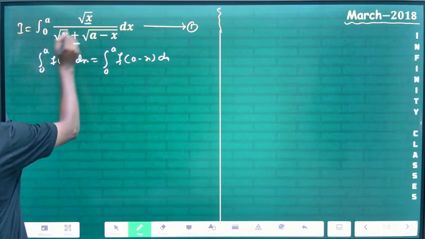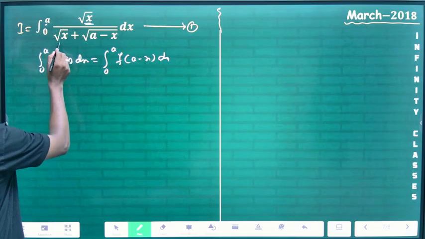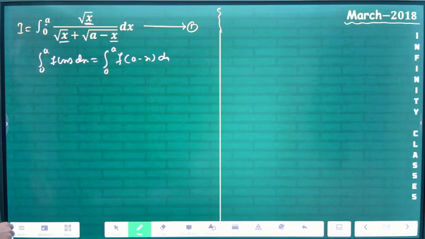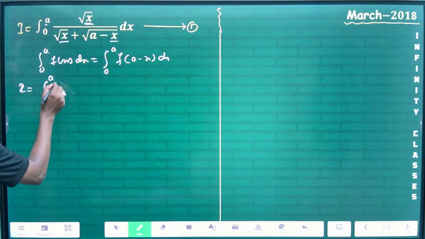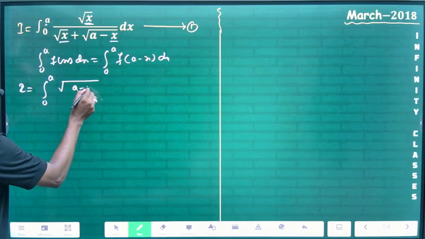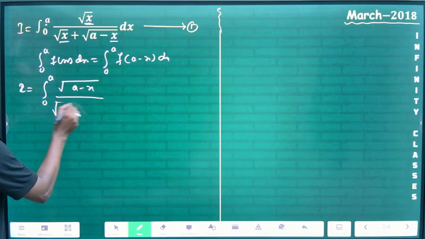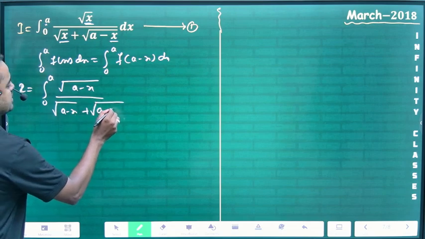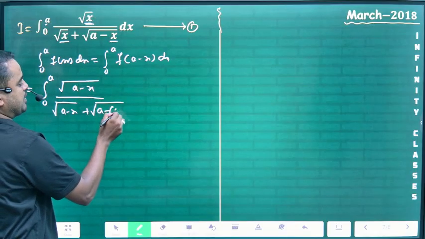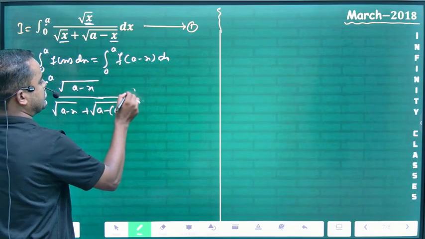We are applying this property. X is changed to a minus x. So applying the property, i is equal to integration of 0 to a root of a minus x divided by root of a minus x plus root of a minus (a minus x) dx.